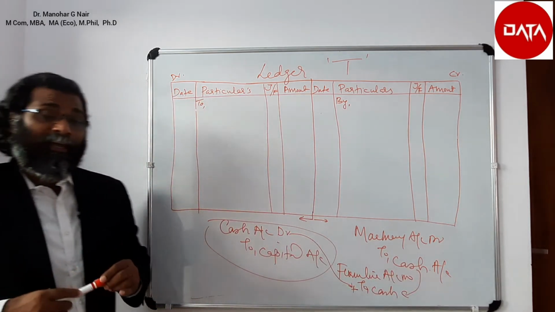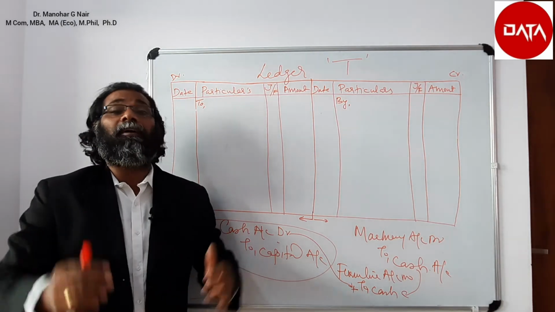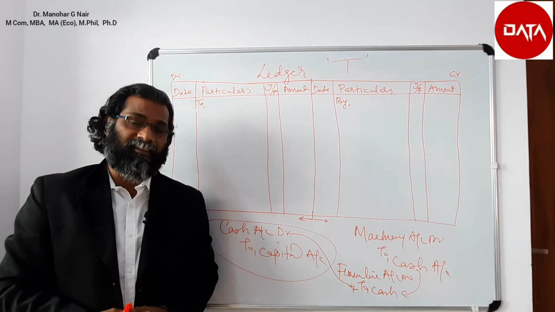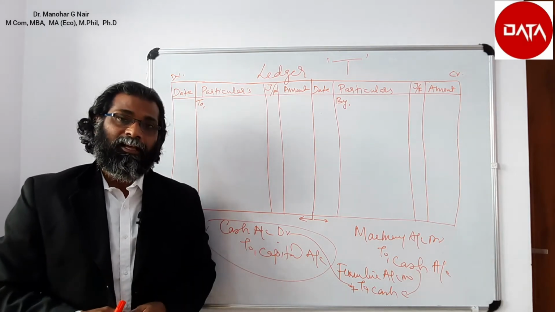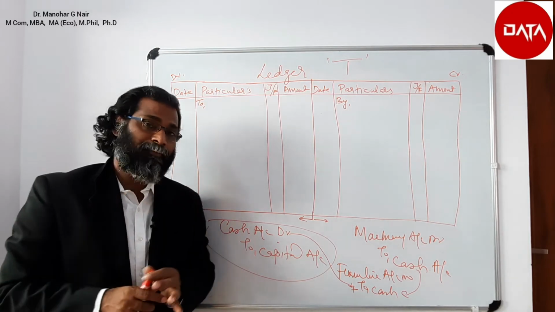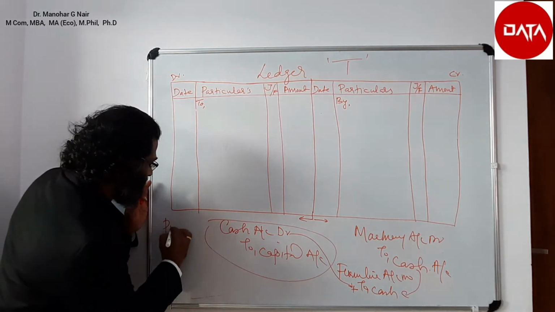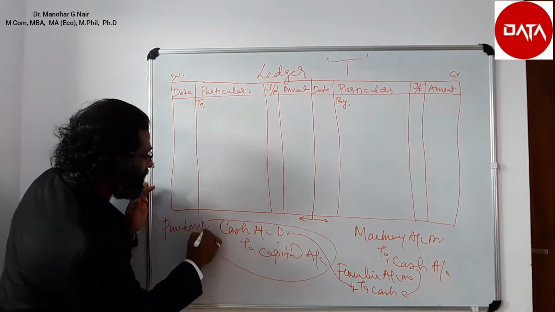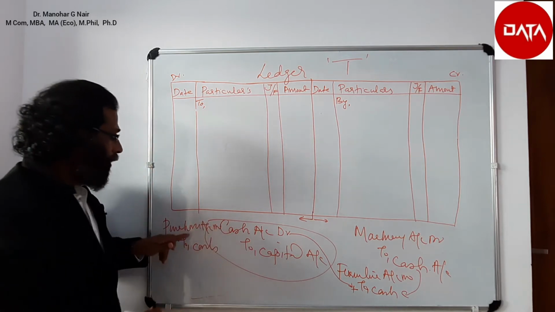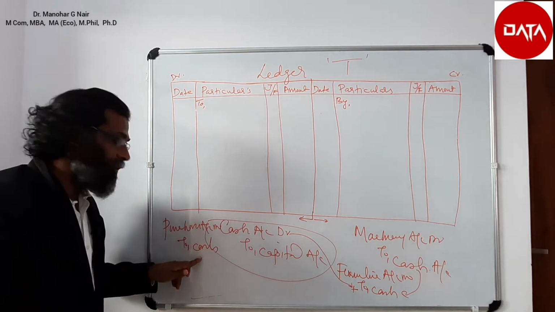So here we are trying to classify or summarize the transactions which we have entered in the journal through posting. It may be in the nature of purchases, for example, purchases account debtor to cash. So we have to open one account, the purchase account, and another one is the cash account.